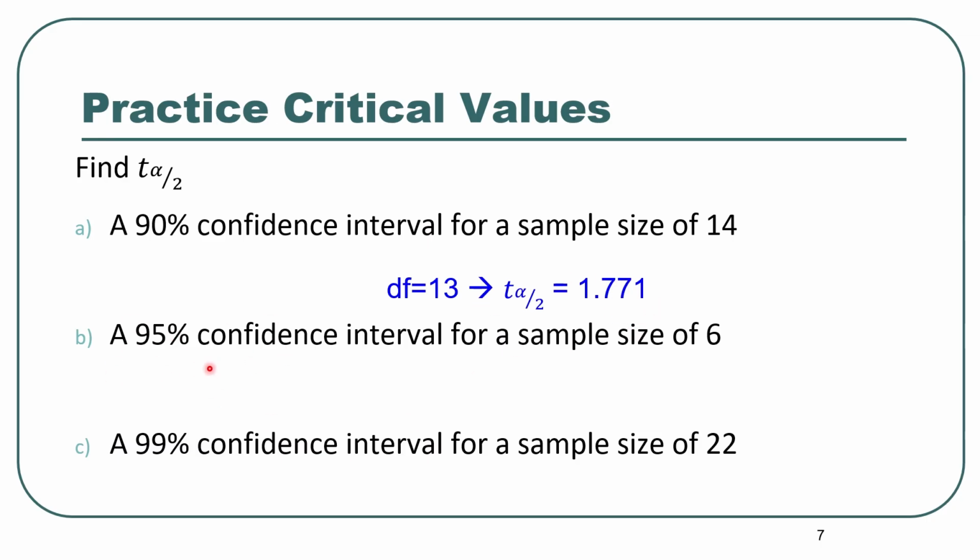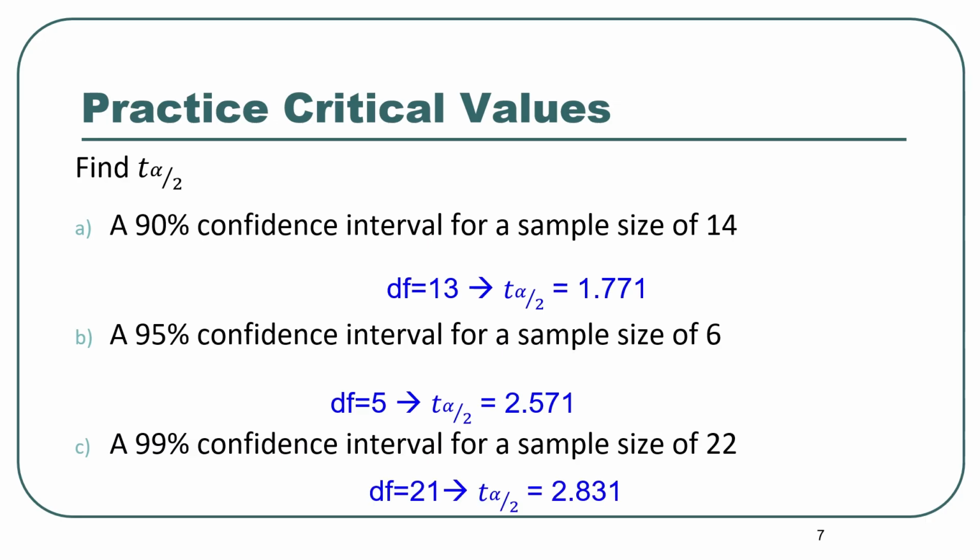And for that one, 95% confidence interval and sample size 6, you will head again to row 5, and the intersection between row 5 in your table and the column with the header 95% will have your critical value, which is 2.571.